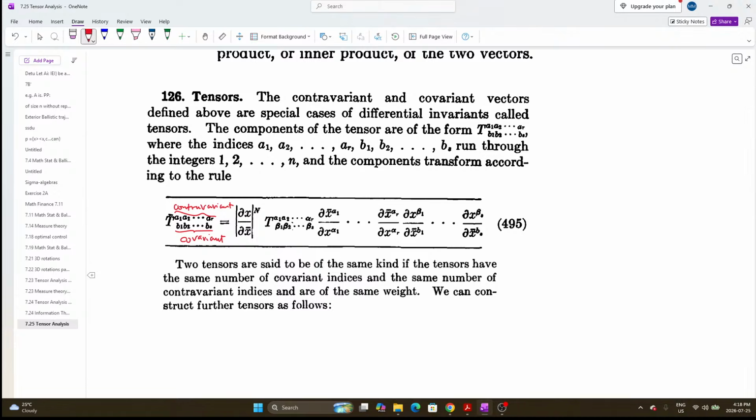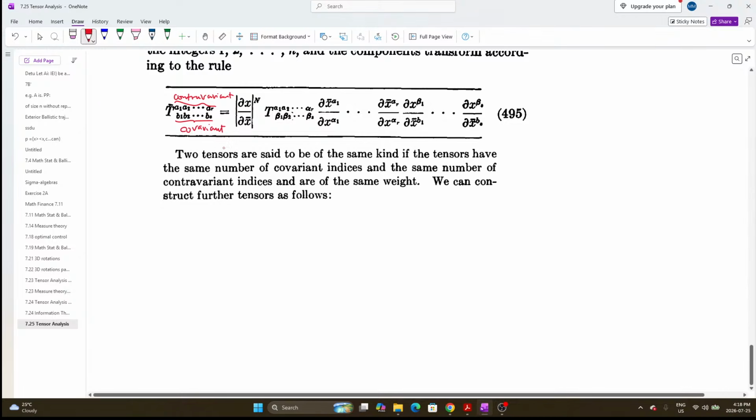Okay, and the proposition says the sum of two tensors of the same kind is a tensor of this kind, right? And the proof is rather obvious, even though writing that is painful because of this formula. There are so many indices. Basically, let's prove that. Proof.